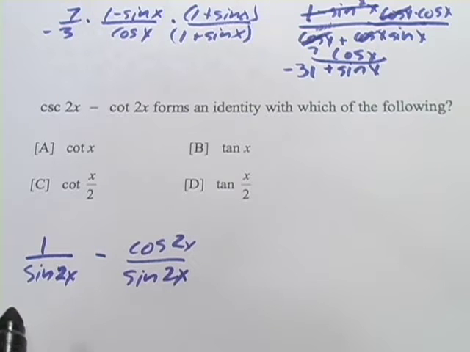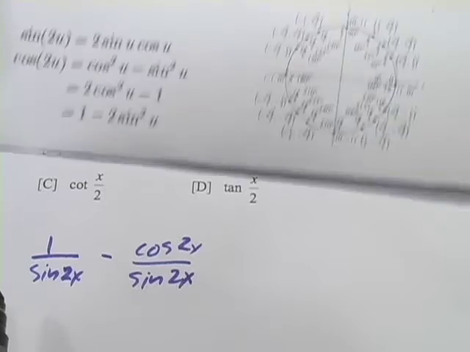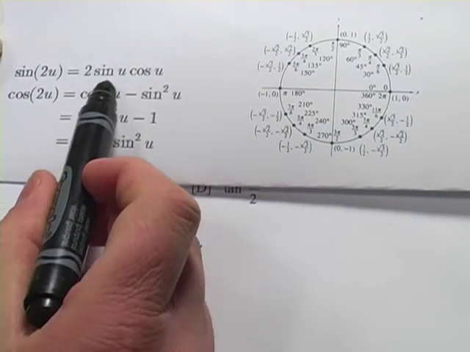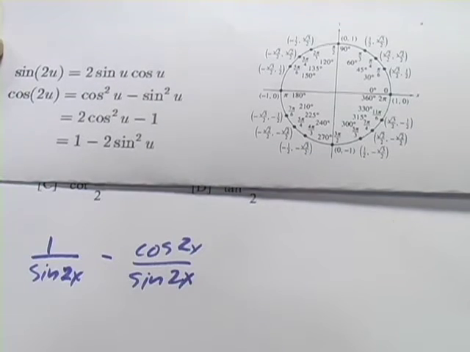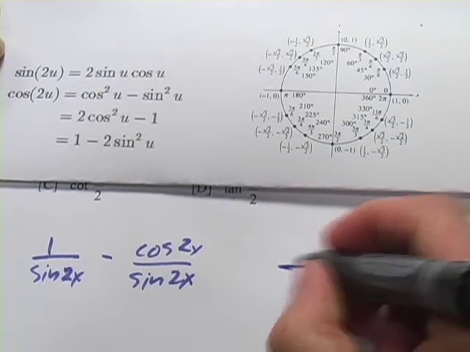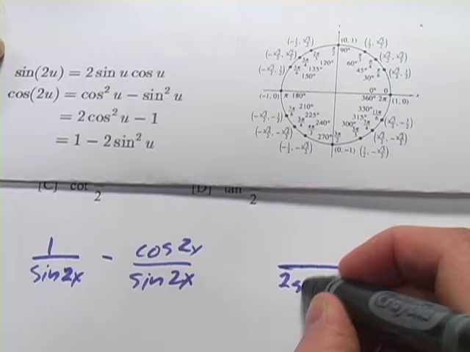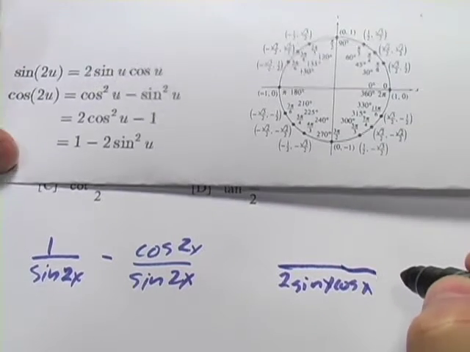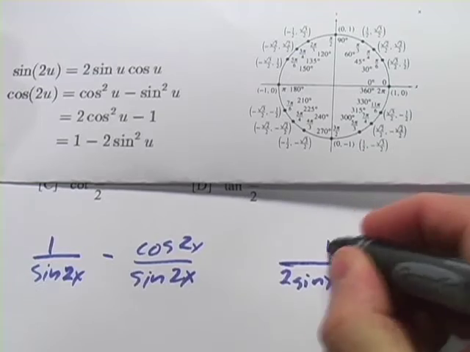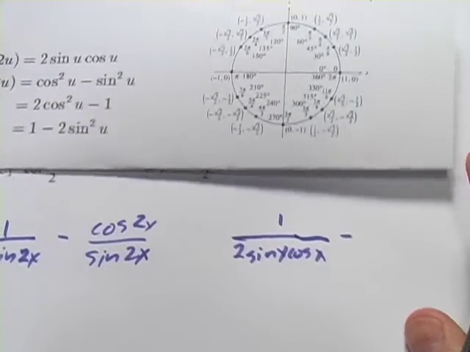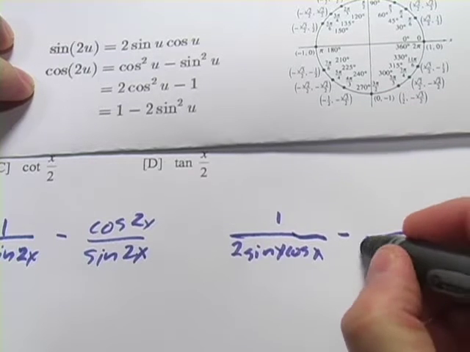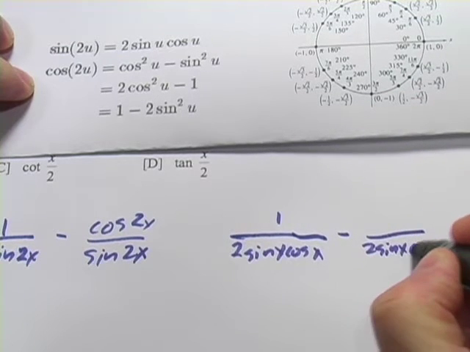Let me remind you of those. First, we'll start with the bottom. The sine of the double angle is 2 times the sine of that angle times the cosine of that angle. So that's going to be our denominator: 2 sine x cosine x. And then we've got 1 over that, minus, and our denominator will be the same there, 2 sine x cosine x.